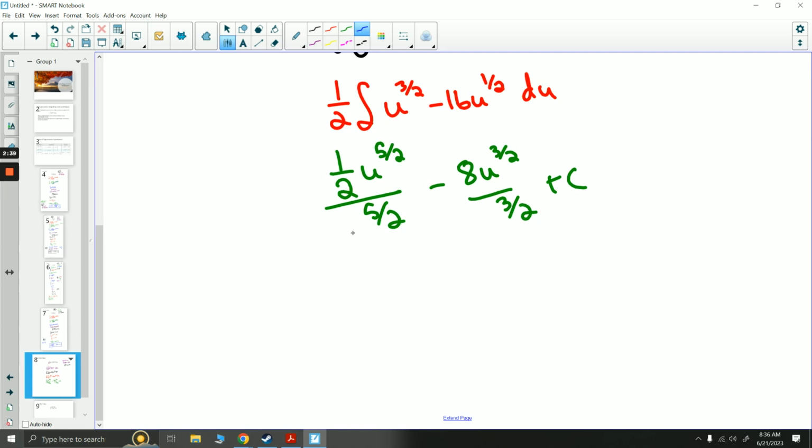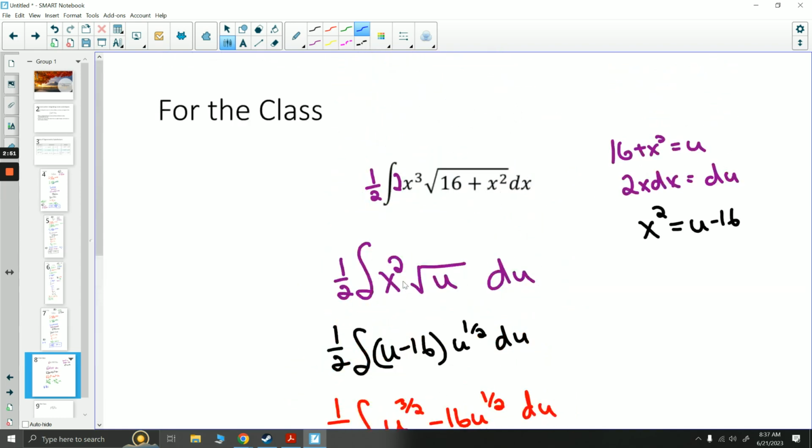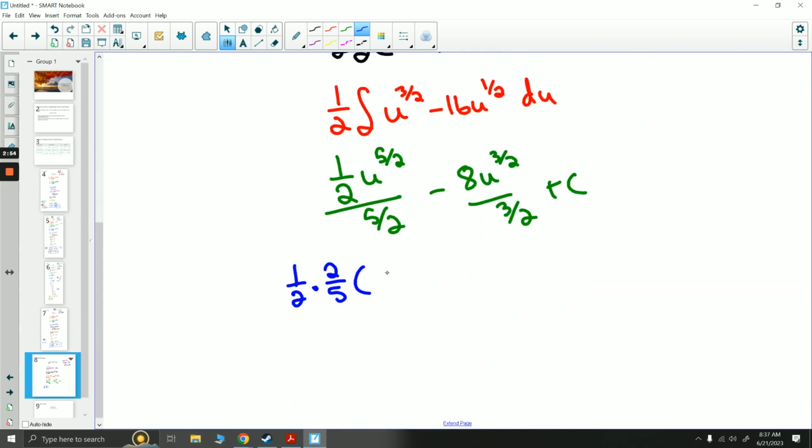So 1/2 divided by 5/2 is like saying 1/2 times 2/5. Instead of u, as a reminder, u was our 16 plus x squared. So 16 plus x squared to the 5/2, minus, so this is 8 times 2/3, 16 plus x squared to the 3/2, plus c.